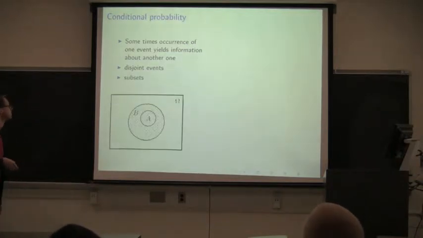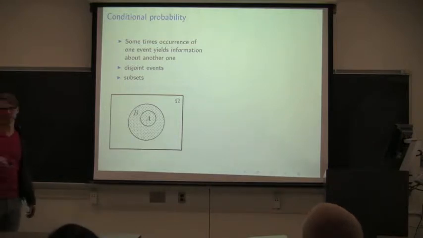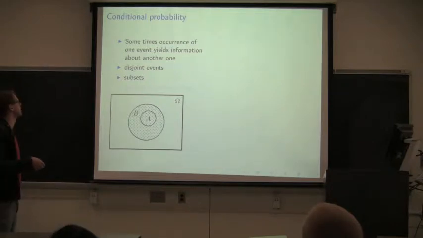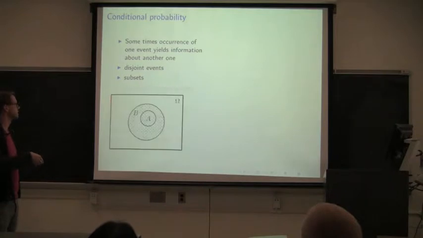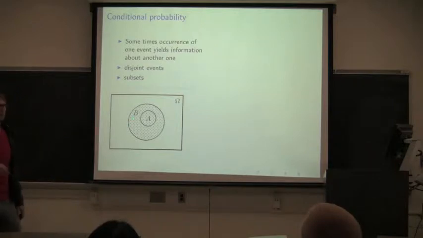Conditional probability is a way to relate the probabilities of two events if we know the outcome of one. For example, if one event is a subset of another one, then knowing that A happens will tell us that also B happens.